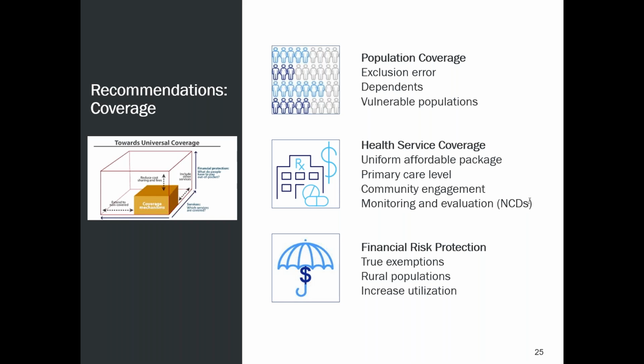Ideally, these services are available at primary care level, as close as possible to the population, especially the rural population, through the district health system. That's to reduce opportunity costs and to enable timely access to good, needed quality health services.